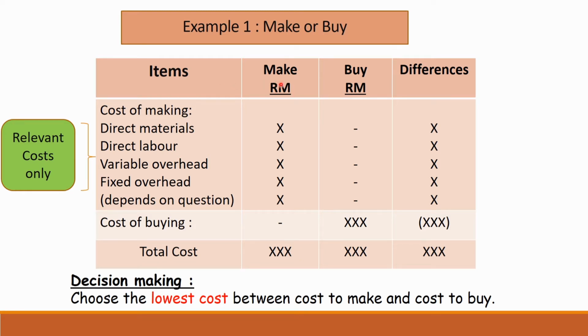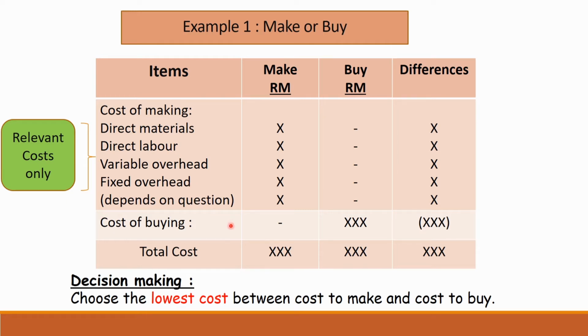Number 2, make column, buy, and the difference column. For cost of making, normally we record direct material, direct labor, and variable overhead as relevant costs. And for fixed overhead, it depends on the question, either relevant cost or irrelevant cost.